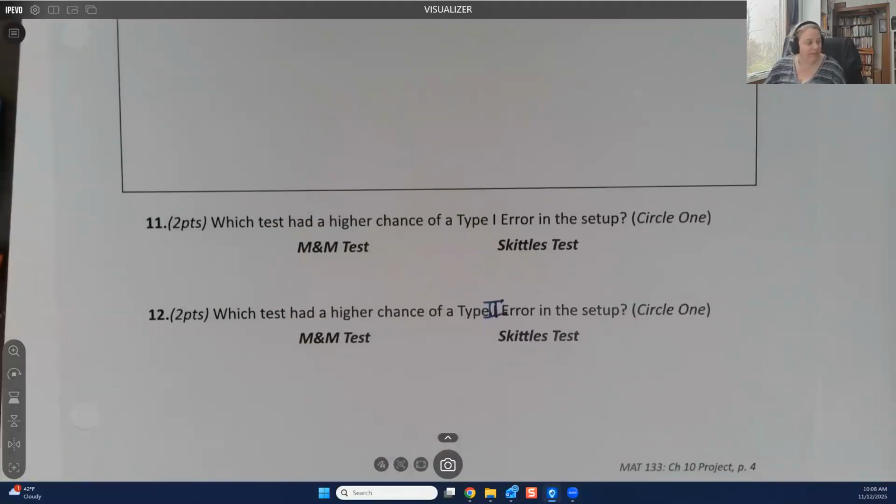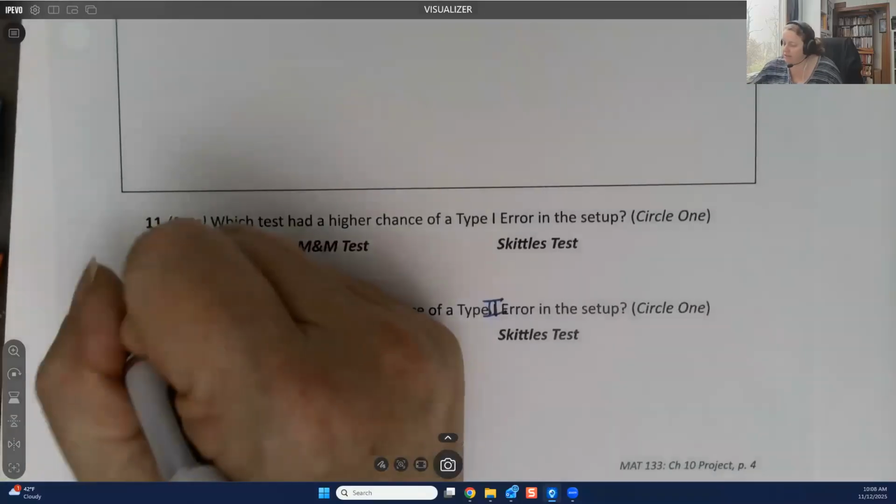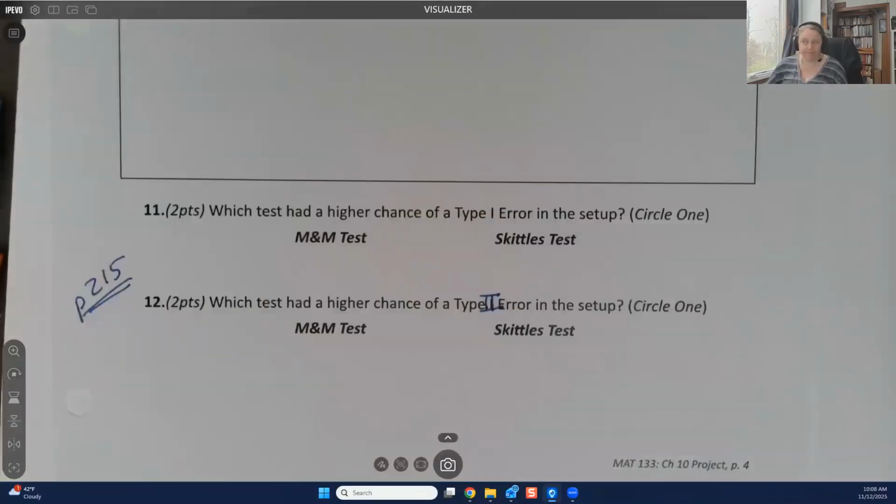We went over the alpha beta thing. It's page 215. Sorry about that. So fix that, everybody. That's a typo. Good? Cool? Questions?